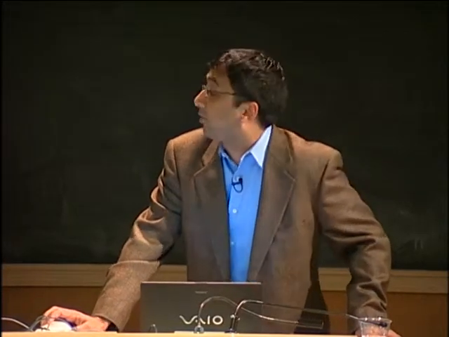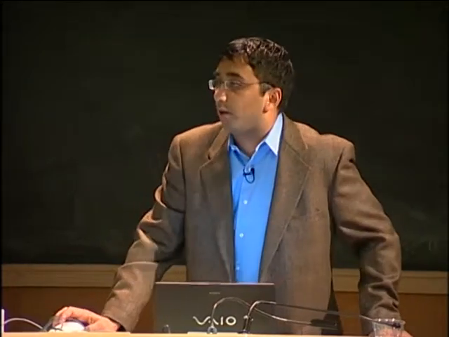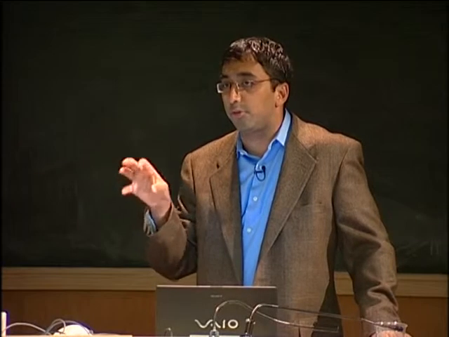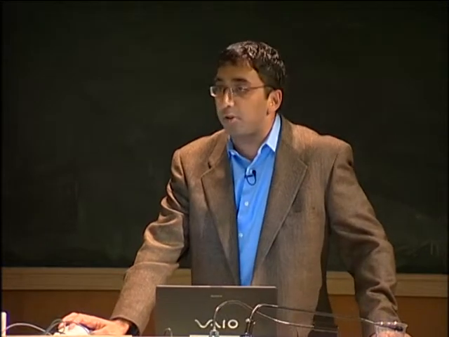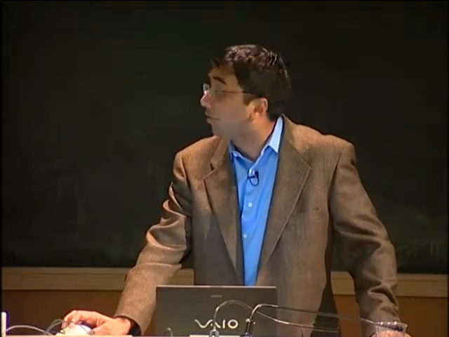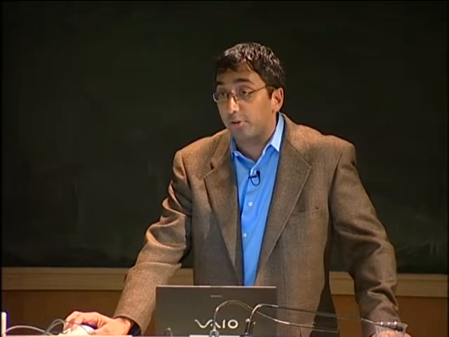The commercialization of these new technologies has proceeded pretty rapidly. So here are a bunch of these second-gen sequencing companies that are all pursuing some variant of the basic schematic of massively parallel sequencing that I showed on an earlier slide. They all differ in the details. So how they're generating those sequencing features and how they're actually doing the sequencing differs. Some of these companies are using polymerases as a sequencer. Some are using ligases. Some are sequencing single molecules.